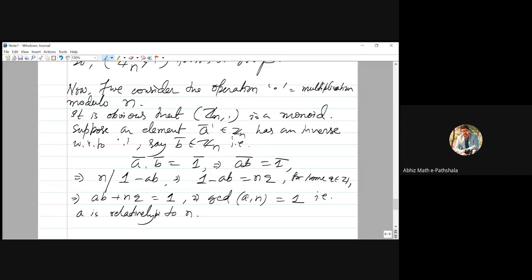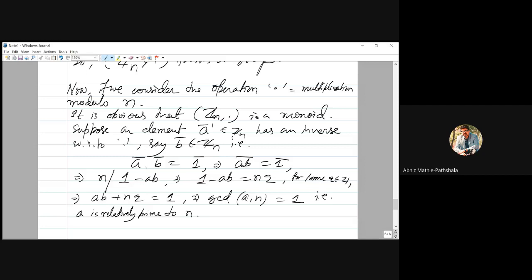Relatively prime to n. Just write it here. Relatively prime to n. So you see that if an element in Zn has an inverse, then it must satisfy one particular important property, that is this integer A is relatively prime to this n.